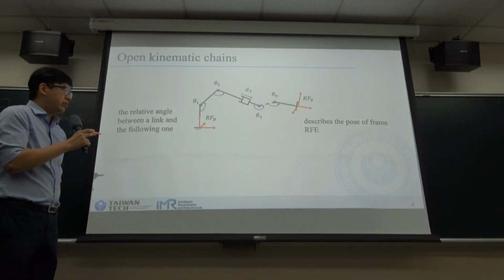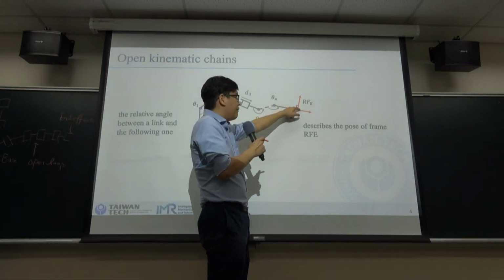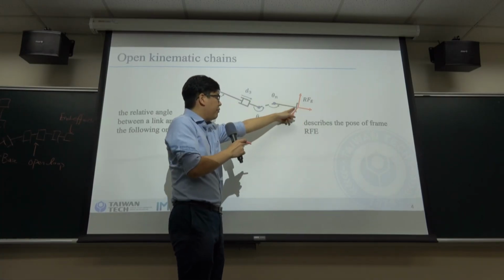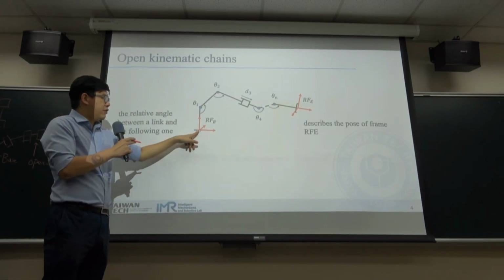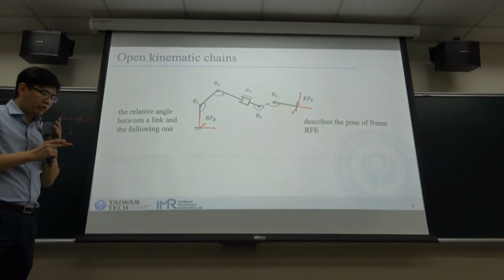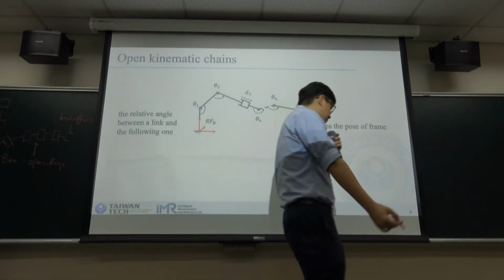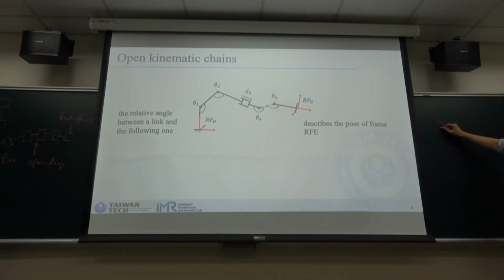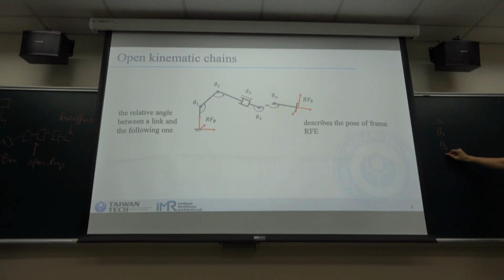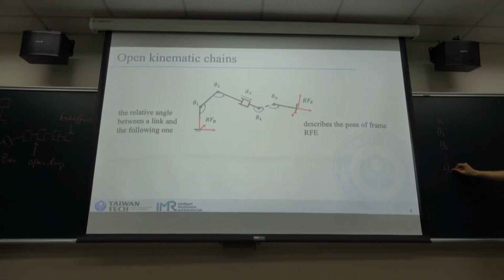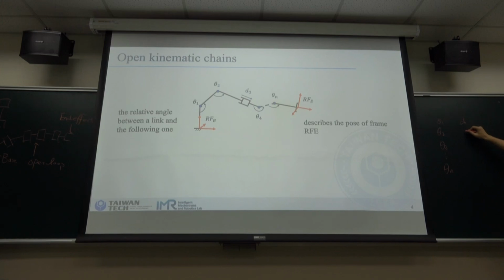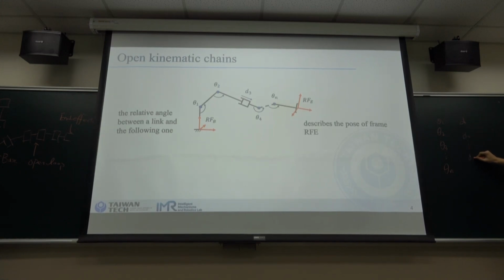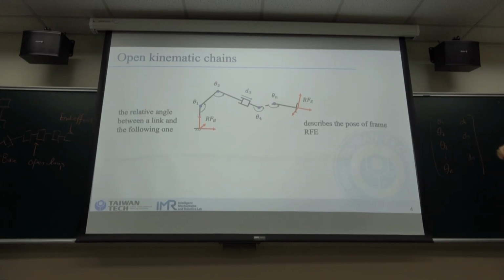So what we want to do is to describe the end effector's pose, the frame, based on the reference frame. Because when we're controlling a robot, what we can input is theta 1, theta 2, theta 3, up to theta n, and D1, D2, up to Dn. So this is our input, which we can control through the motors.